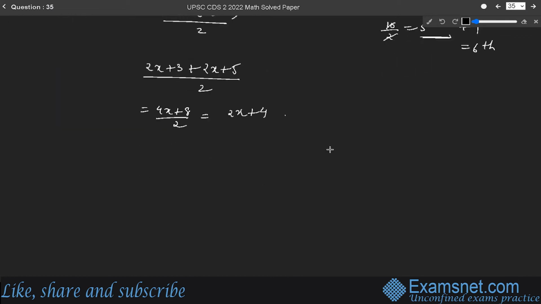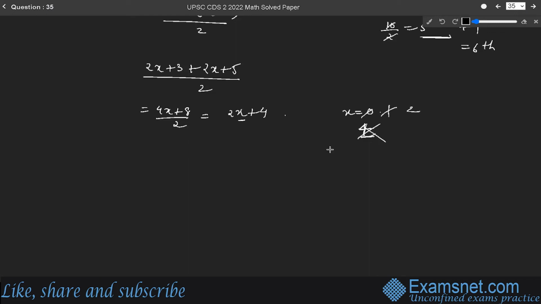So let us put x equal to 0 here. We get 2 into 0 plus 4, which is 4. No, it cannot be 4, because 4 cannot be between 14 and 22. 4 is less than 14, so it will not work. Similarly, putting x equal to 1, we get 2 into 1 plus 4, which is 6. 6 also is less than 14.